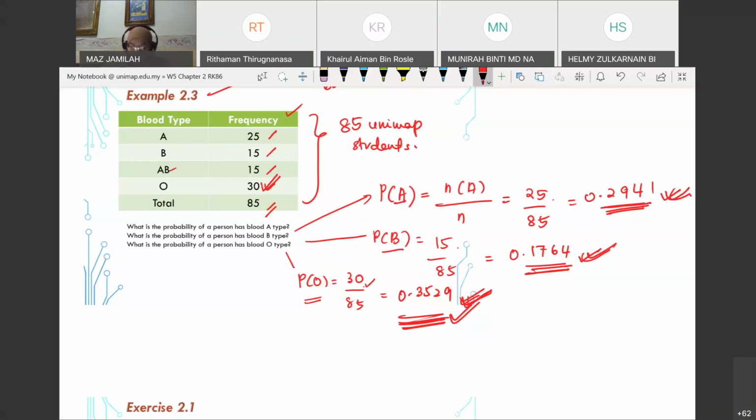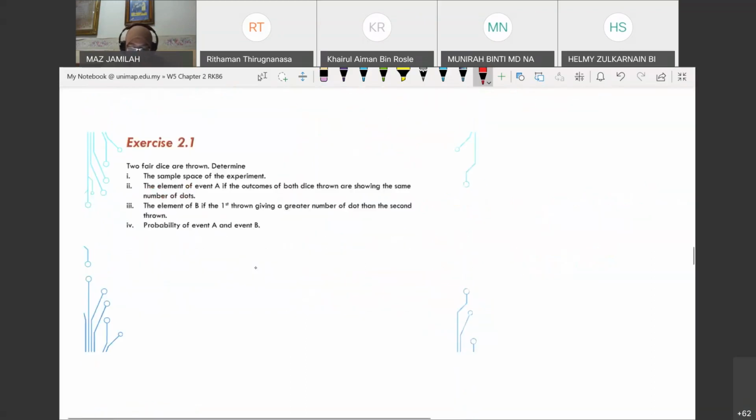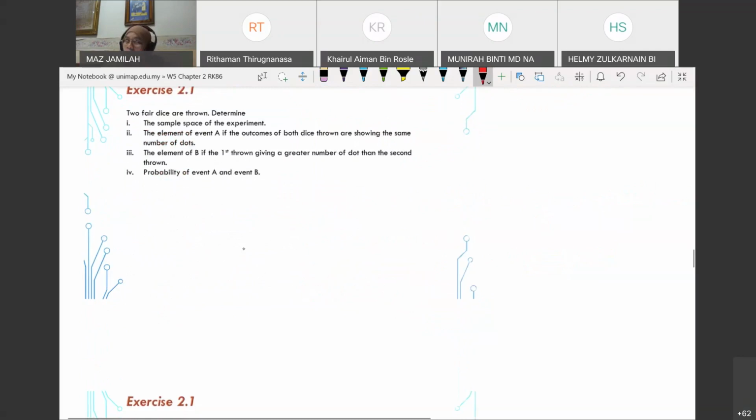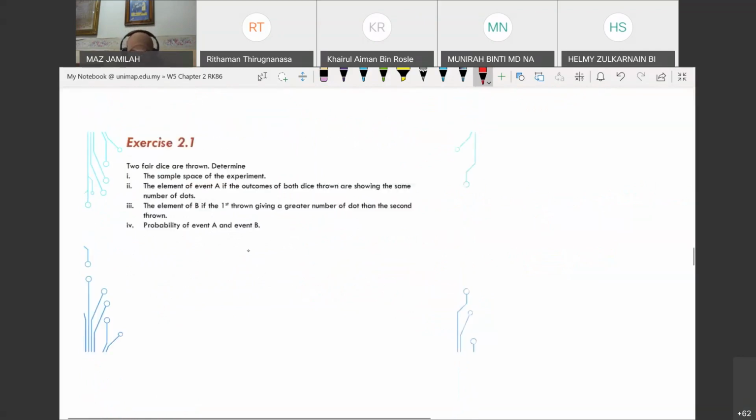Now, let's look at exercise 2.1. Two fair dice are thrown, means that you have two dice. Each dice has 1 dot until 6 dots. You throw the two dice simultaneously.